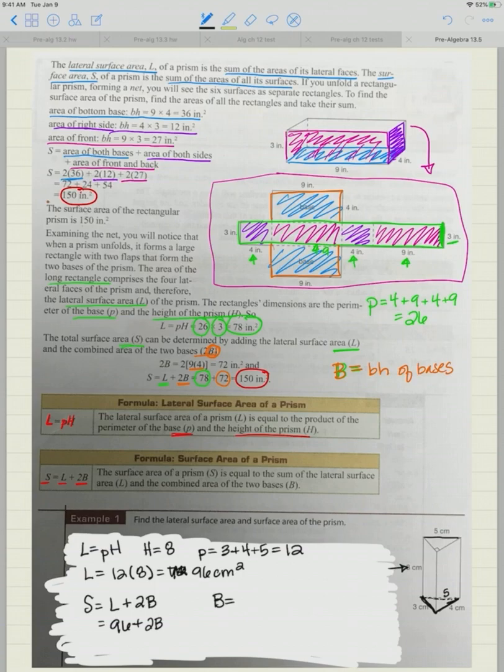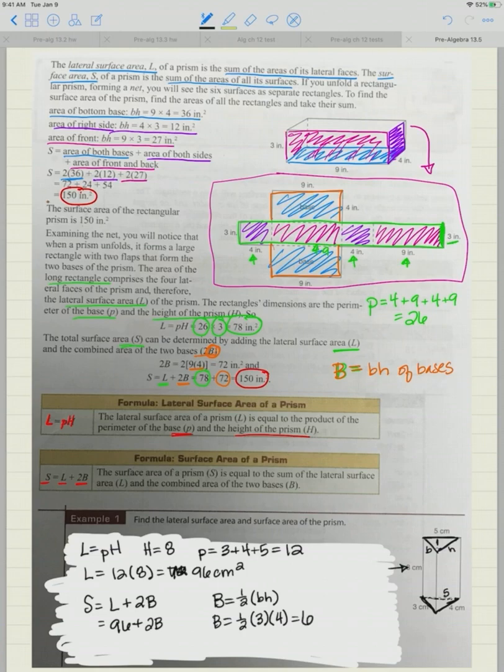The 5 is across from that 90-degree angle, so base and height of the triangle. Big B is 1/2 times 3 times 4, which is equal to 6.